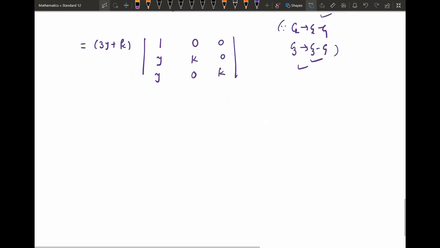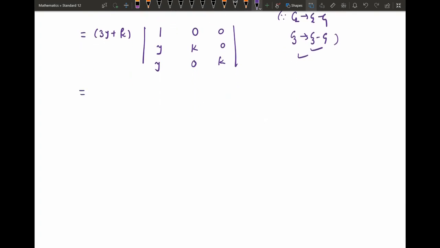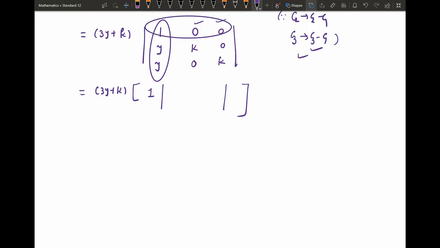Now we expand using first row, since two entries are 0. So 3y plus k, 1 into 2 by 2 determinant, leave the row and column in which that entry lies, as usual ordinary expansion using first row. So remaining entries will form a 2 by 2 determinant.